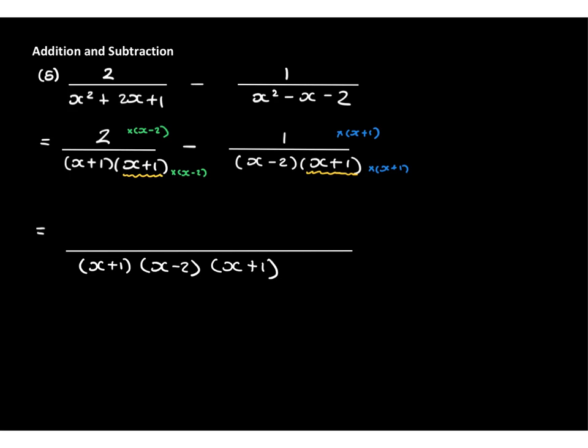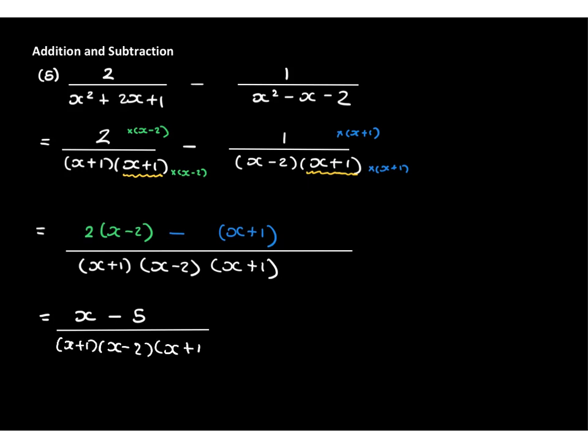So this means that we have 2x minus 2, and then subtract a single x plus 1. So our final answer is going to be x minus 5 all over x plus 1, x minus 2, x plus 1.